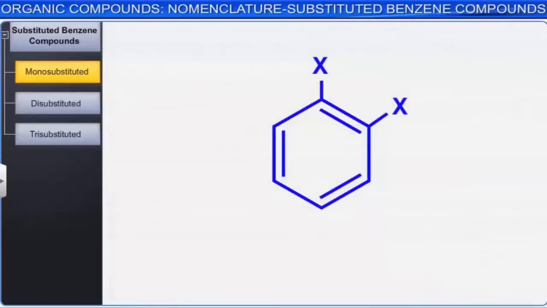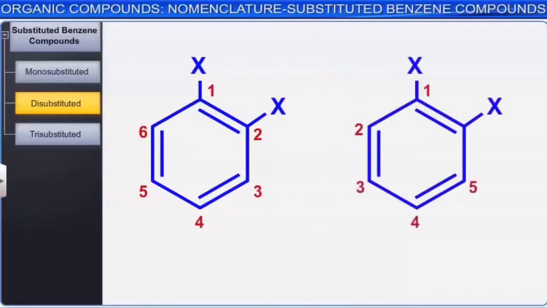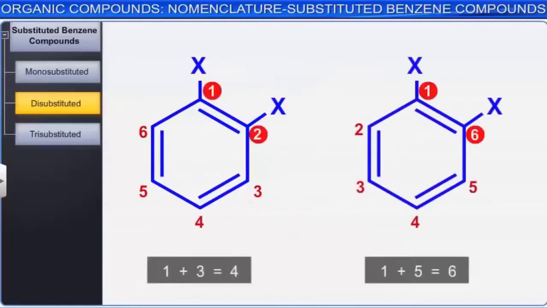Now let us discuss the nomenclature of the benzene that has more than one substituent. If more than one substituent is present, then the positions of the substituents are indicated by numbering the carbon atoms of the ring. The numbering is done in such a way that the sum of the locants is the least.